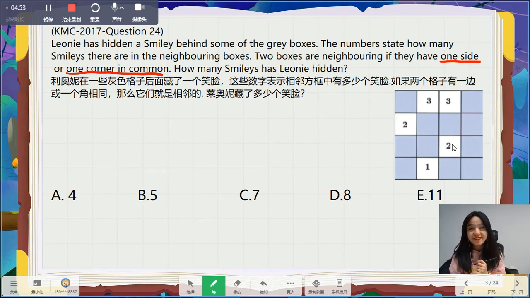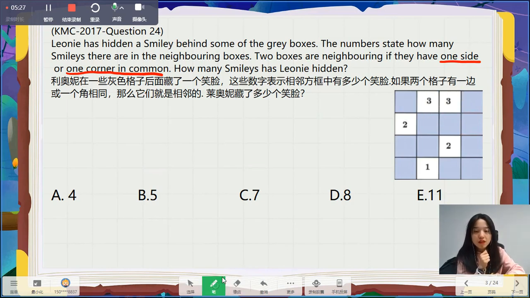See, if we start from the smaller number, like 1, it has so many neighbors. How can we decide which one has the smiley? So you see, more smileys means there are more restrictions. It's easier to decide, but we still have two threes here. One, two. Which one do we need to start?